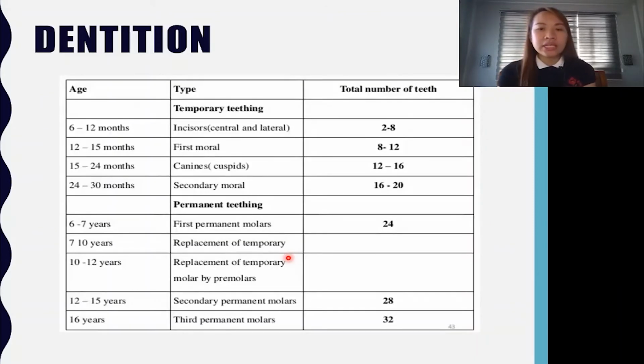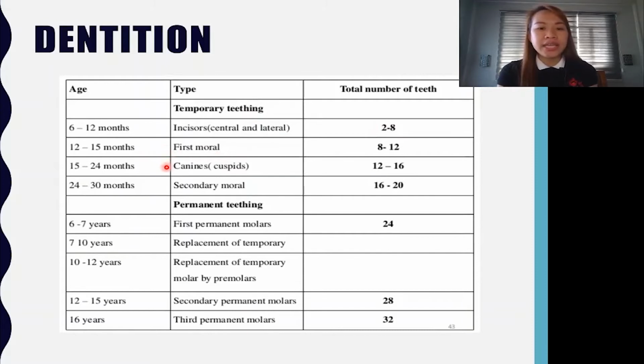So this is a table showing us the different dentition and when it occurs. So at 6 to 12 months, first that show are incisors, our central and lateral incisors. So temporary teeth ito, so 2 to 8. And then at 12 to 15 months, the first molar, hindi moral to, first molar.